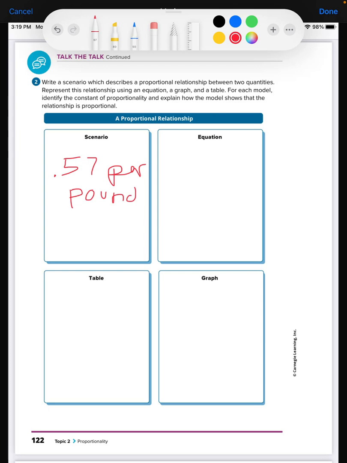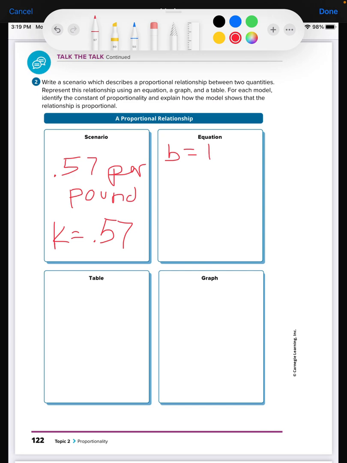Okay? And so the constant of proportionality is the cost per pound of bananas, which is 57 cents. And the cost and the number of pounds of bananas are in a multiplicative relationship, so that's how I know it is proportional. Okay, so then for the equation, you're going to first give them letters.